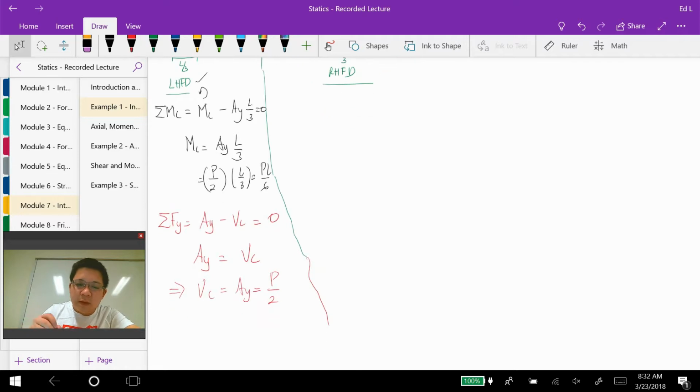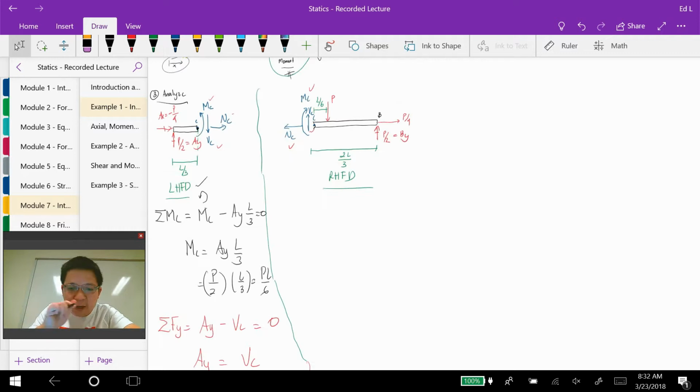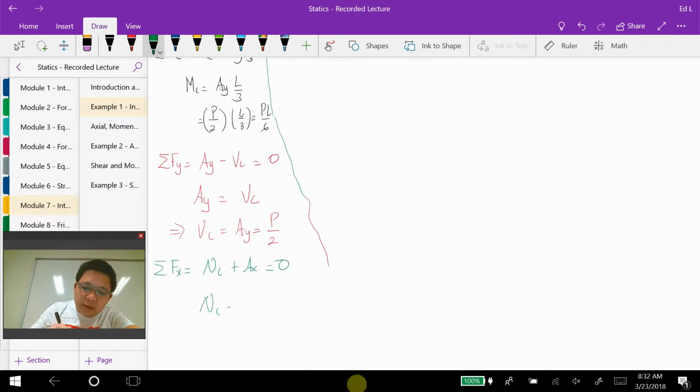And lastly, for the sum of forces in the X, we have the contribution of NC and AX. So NC plus AX equals 0. So my NC is equal to negative AX, and AX is negative P over 4, so NC is equal to P over 4.